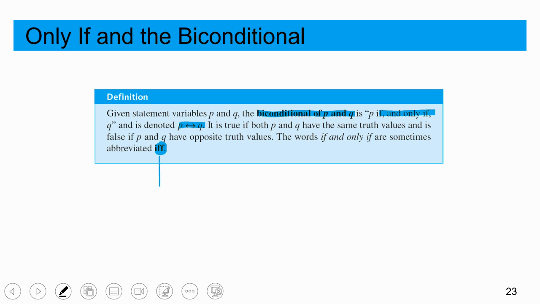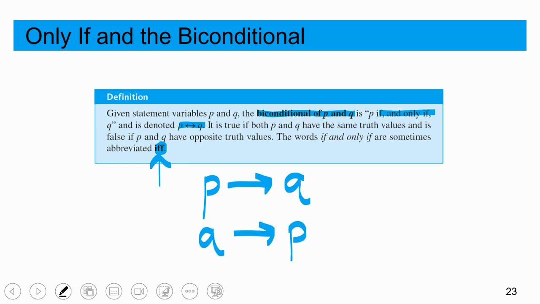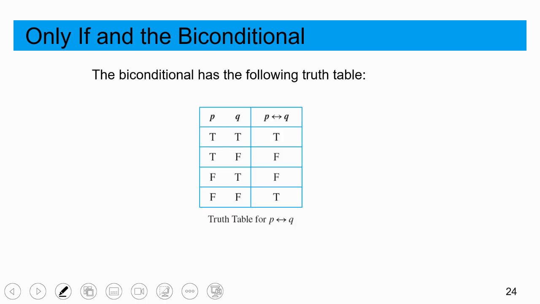So again, make note of this abbreviation, IFF, if and only if. It's a biconditional, meaning not only does P imply Q, but Q also implies P. Hence, we write it shorthand with a double arrow, showing that the statement is true forward and backwards. It's called a biconditional.